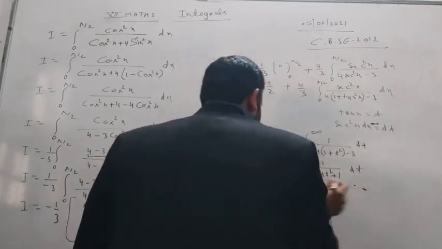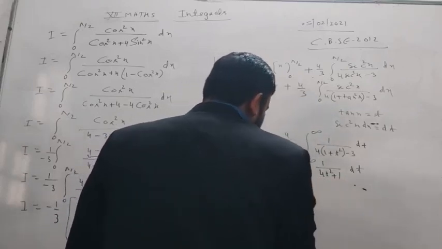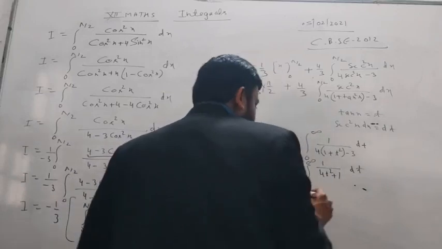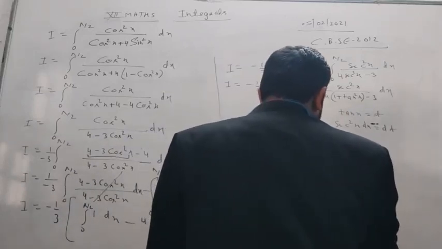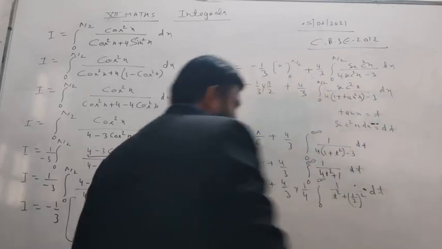Okay students, now we take this 4 outside, we get integral 0 to infinite of 1 by t square plus 1 by 2 whole square dt.